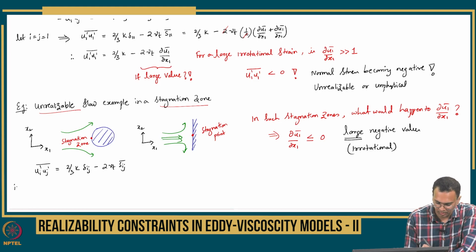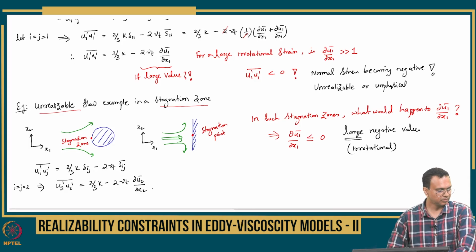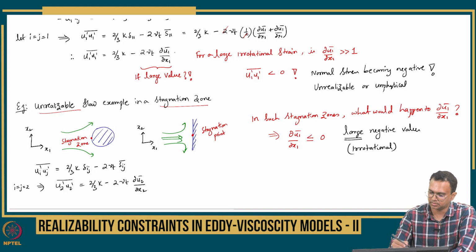I equal to j equal to 2 gives me u2 prime average is 2/3 k minus 2 nu t ∂u2 bar by ∂x2, just like the equation that we have seen above, 2/3 k minus 2 nu t ∂u1 bar by ∂x1.